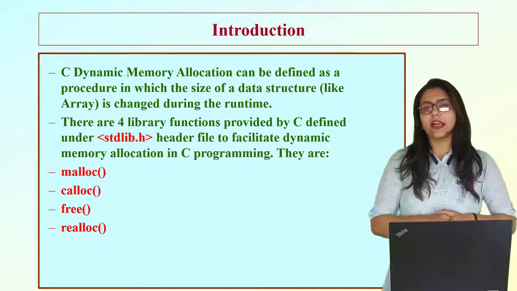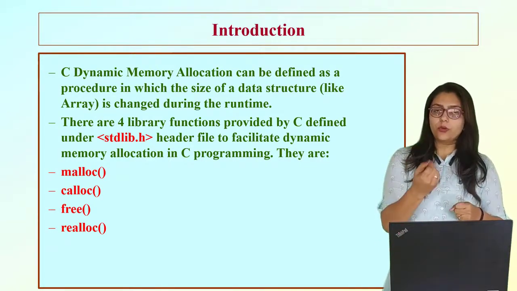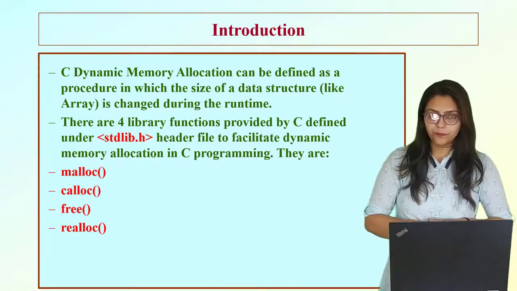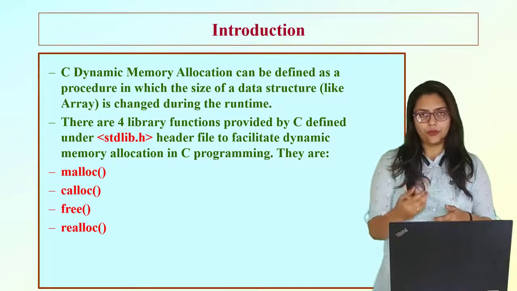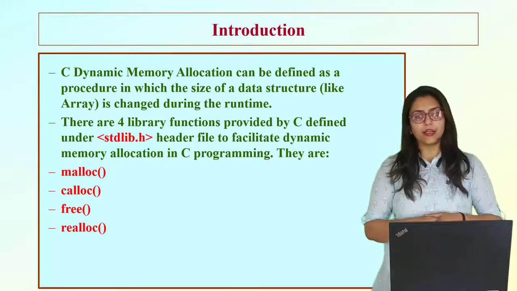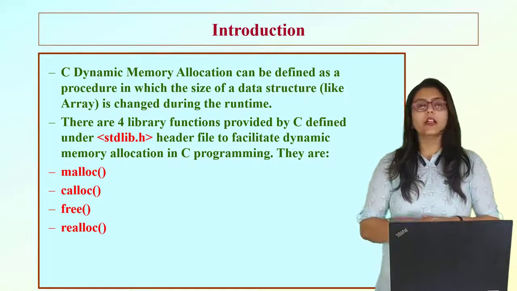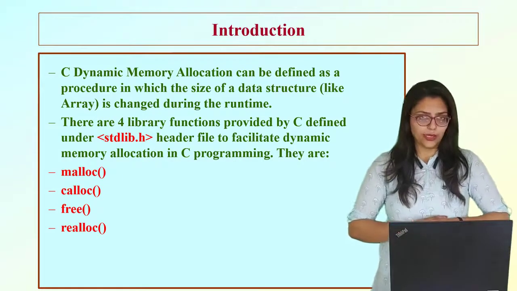In the video on arrays, I have already shown that if the zeroth index starts from memory address 200, then the first index will start from 204 if it is of type integer, because one array element will occupy 4 bytes. This is how memory is allocated.